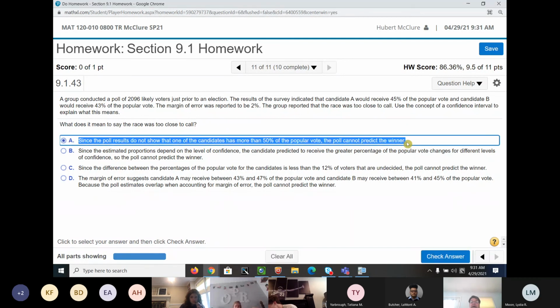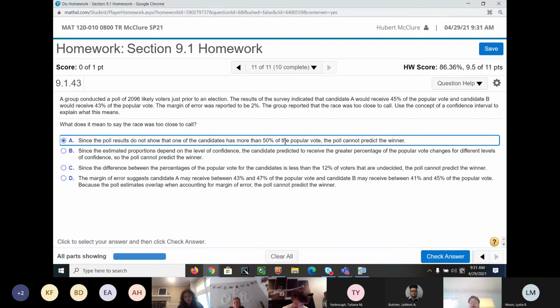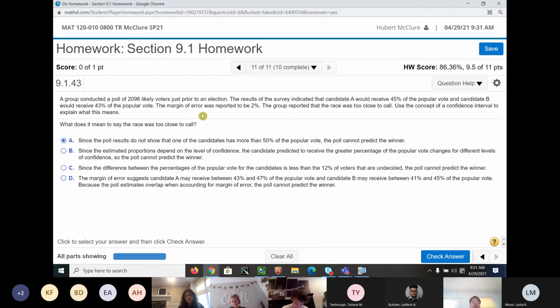I don't know if that's our answer, because that's not mathematical. It doesn't say up here that they have to have 50% of the vote, does it? This right here, popular vote, could mean the one with the most votes. So I'm not sure about A.